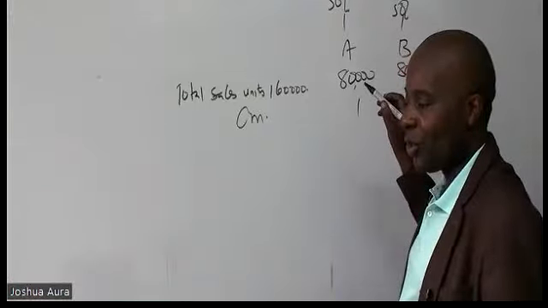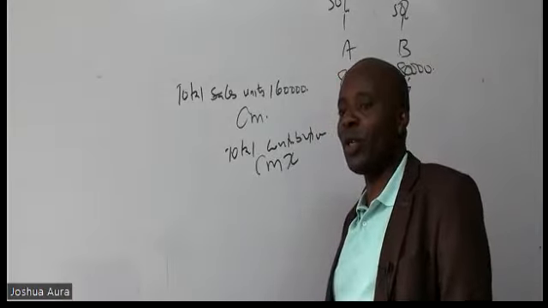Right? So could you kindly give me the total contribution? Total contribution is CM times number of units. You are taking the contribution margin times number of units. So this comes to 80,000. How about this and this? Can somebody give me this times this? 80,000 times 7 gives me 500 and who?